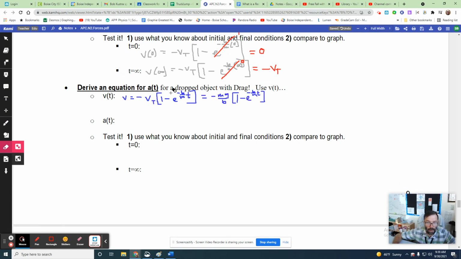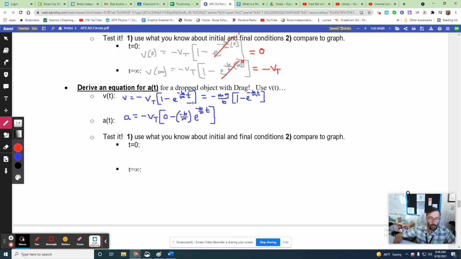Okay, now I'm going to flip it back to what the terminal velocity was. It's mg over b. We need to do that because it's going to cancel out some stuff when we take the derivative. Here comes the acceleration function. When we take the derivative of a constant of 1, we get 0. And when we take the derivative of an e function, basically the exponent drops down in front.